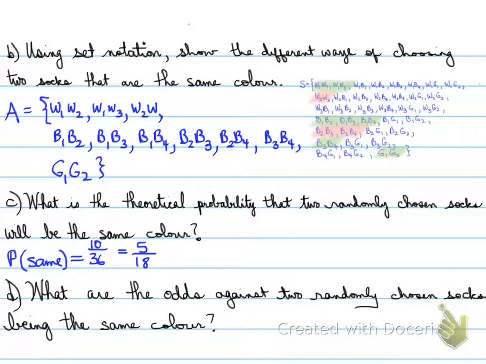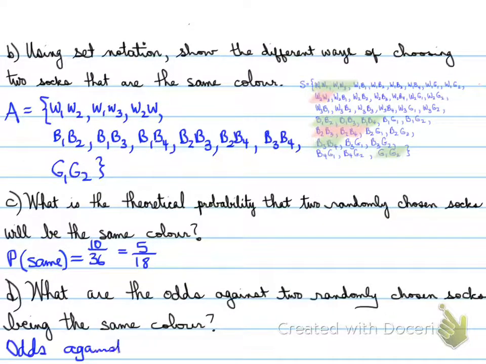Now, what are the odds against 2 randomly chosen socks being the same color? Odds against, we want it to fail versus getting the same color. So what are we looking at?